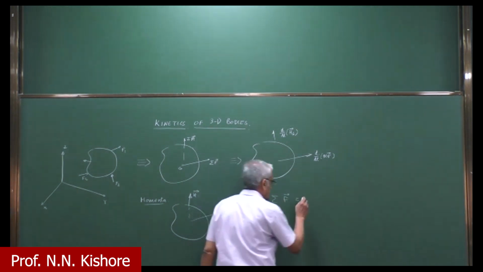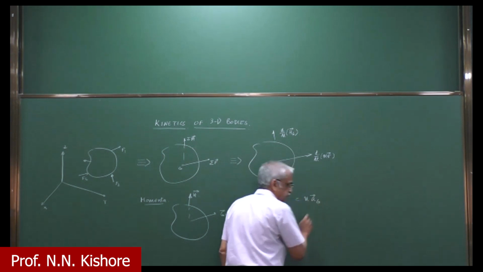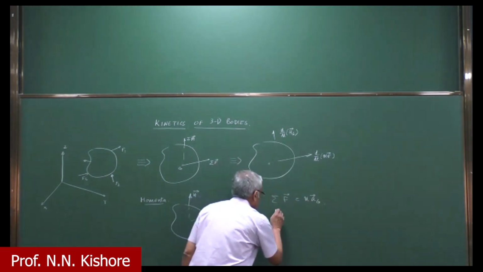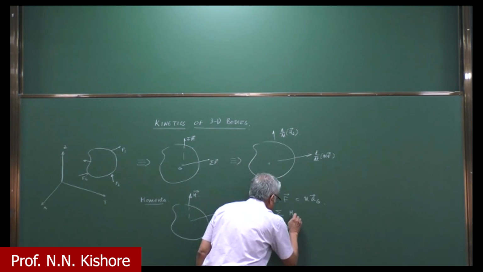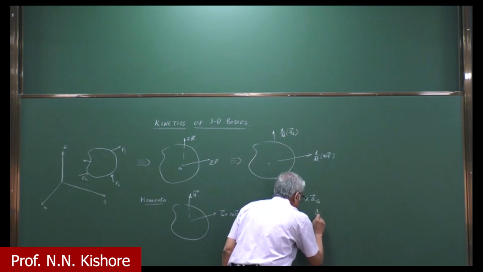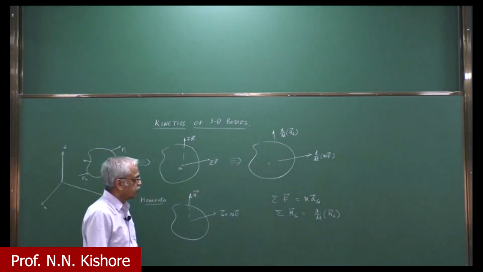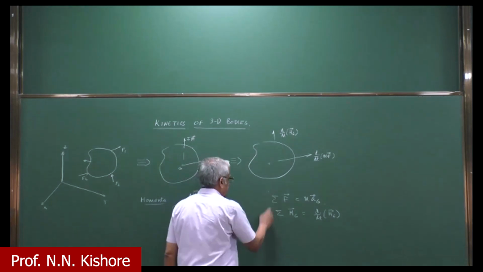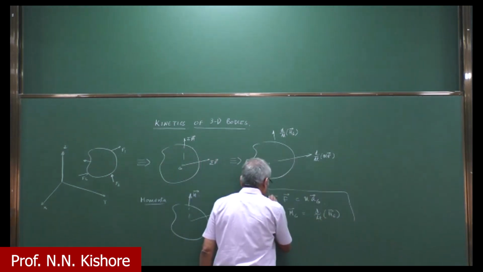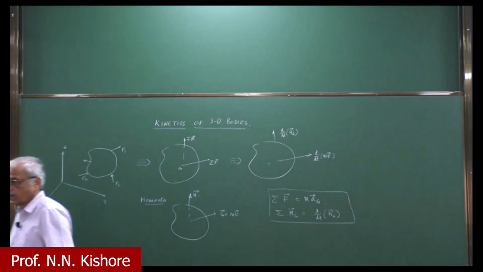Okay. So essentially what we are saying here is that the sum of the external forces is equal to mass times acceleration of G, and the sum of the moments about G is equal to, okay. So ultimately these are the relationships.